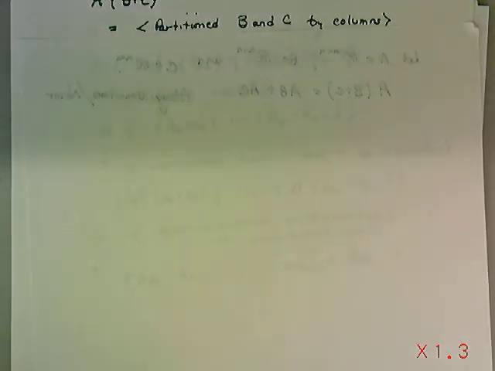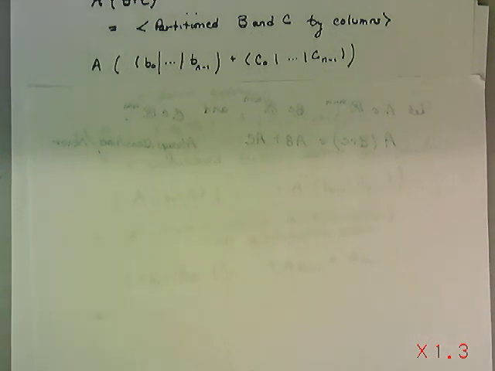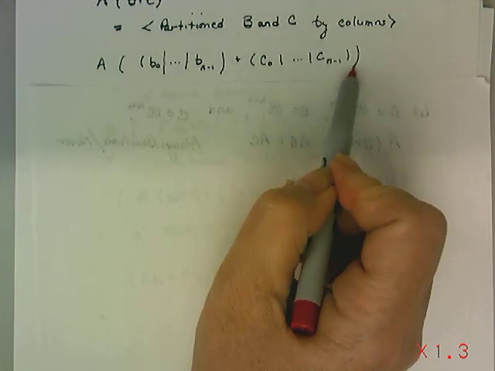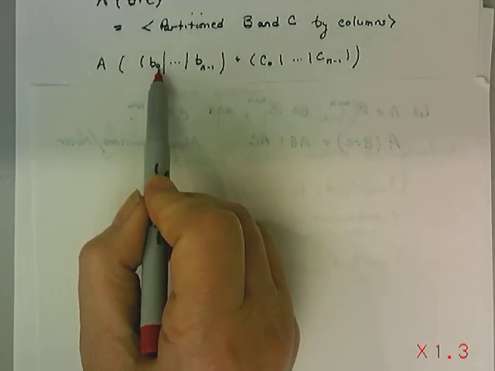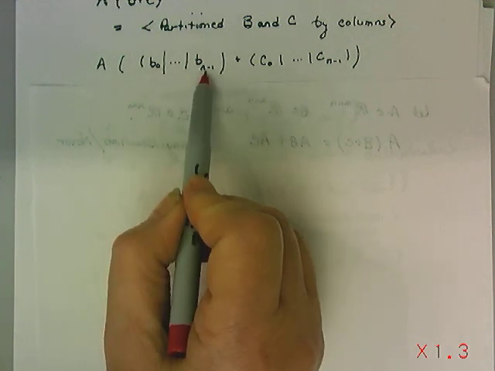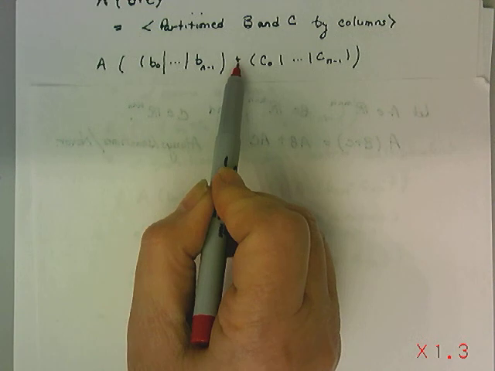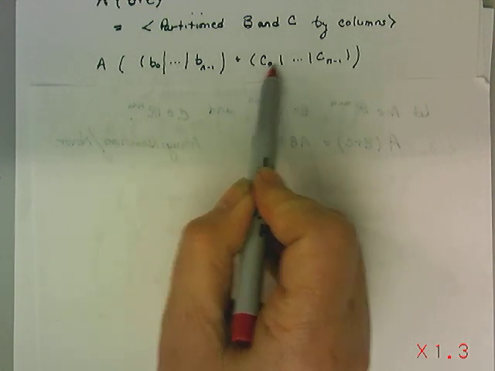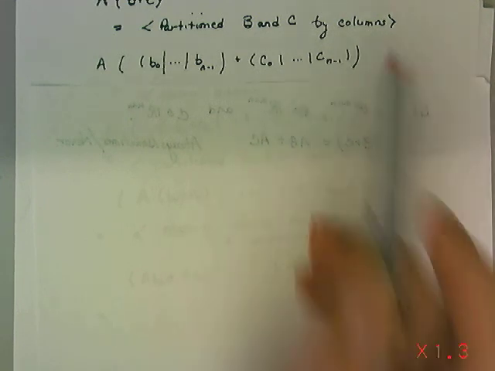I first partitioned both B and C into columns, and that would mean that I'm taking A times the result of taking matrix B that I could write as its columns B sub 0 out to B sub n minus 1 since it had n columns. And then partitioning C, I could write it as C sub 0 out to C sub n minus 1 for each of its n columns.